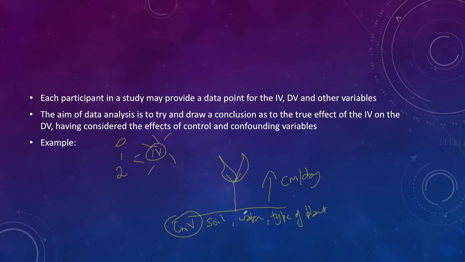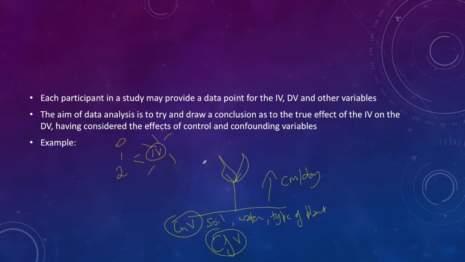There might also be other factors which we haven't considered and which we only think about after we finish our experiment. So those would be our confounding variables, which we don't know about yet. So as you can see, we might do an experiment using, say, 10 or 50 or even 100 different plants, use different light levels for each of those plants, and measure the rate of growth per day.